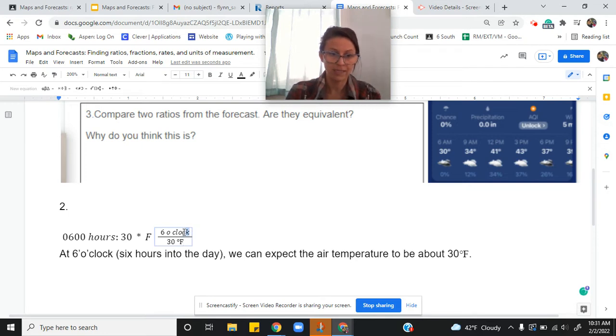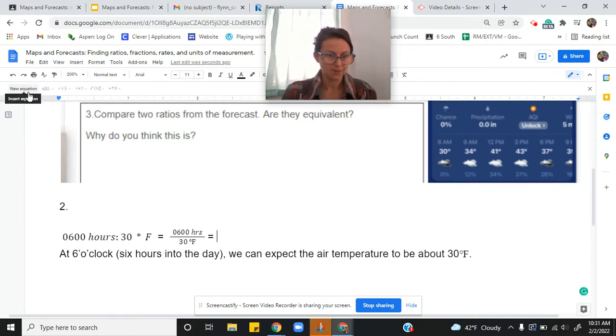Perfect. And then instead of 6 o'clock, because that kind of looks funny, I'm going to write 600 hours. Because in mathematics, we want to be clear and try to limit a bunch of distracting notes and stuff. When you're getting used to it, every note might seem distracting, but eventually you'll get the hang of it.